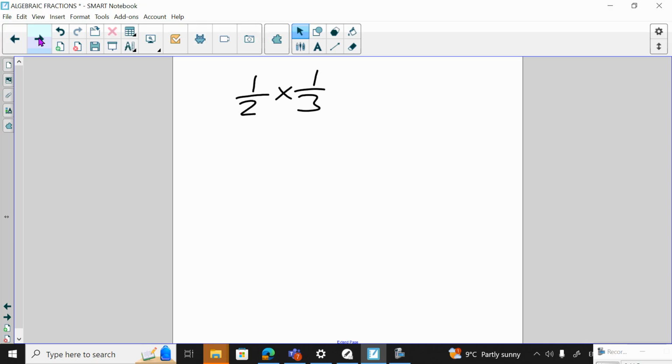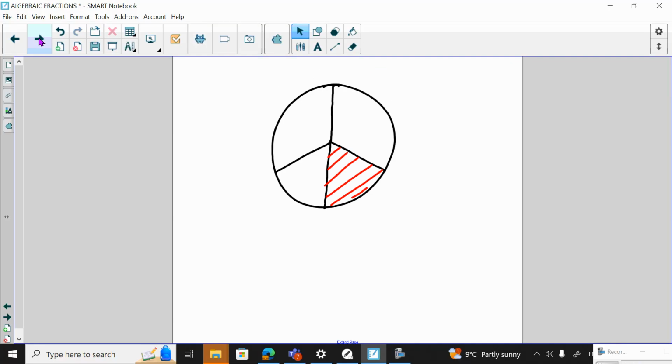Well, let's move on. What's a half times a third? Pizza time. Half time, they're meant to be thirds. That's meant to be a third, that's meant to be a third, and that's meant to be a third.